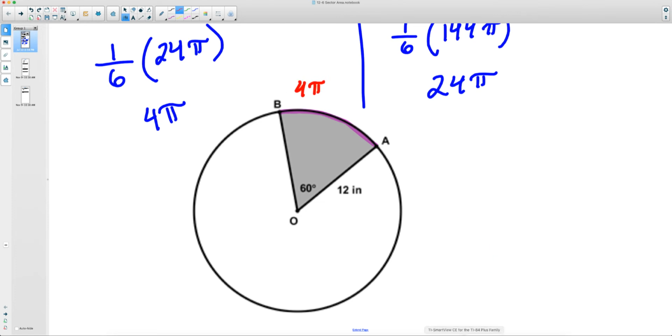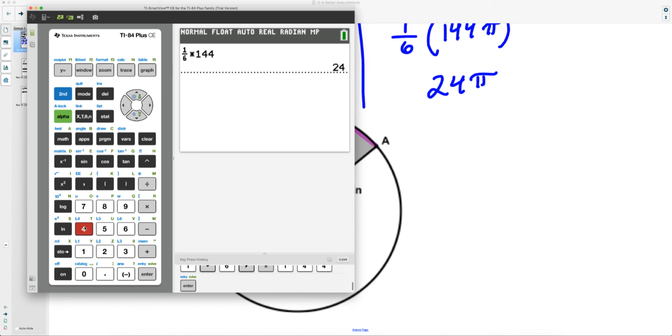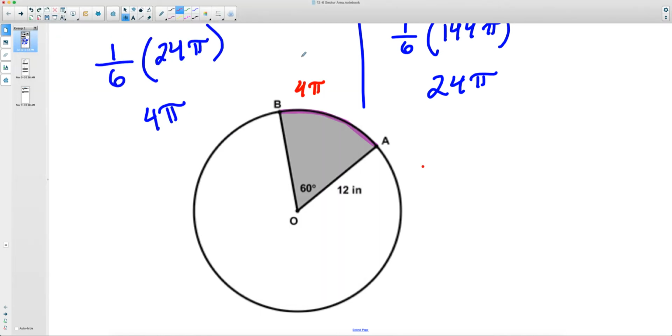That's the length of that. And 4 pi is approximately 12.57. The area we found, so this shaded region here, is 24 pi units.